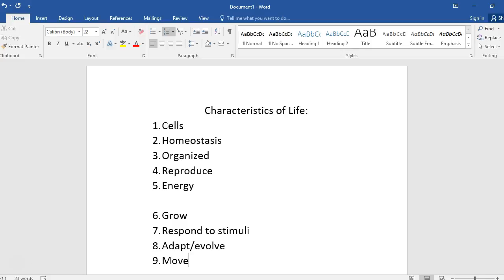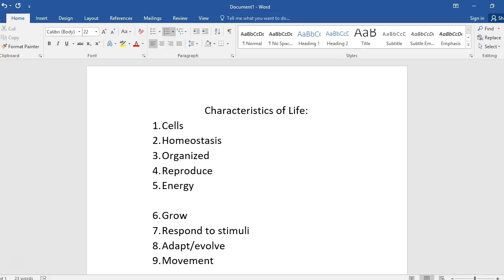So those are the 9 characteristics that you need to know: cells, homeostasis, organized, reproduce, energy. They grow, they respond, they adapt and evolve, and they have movement. Even though you can't physically see plants move, I mean they don't get up and run around, they move as they grow, or they grow around a log, or they grow tendrils that wrap around other branches or fences or stuff like that.